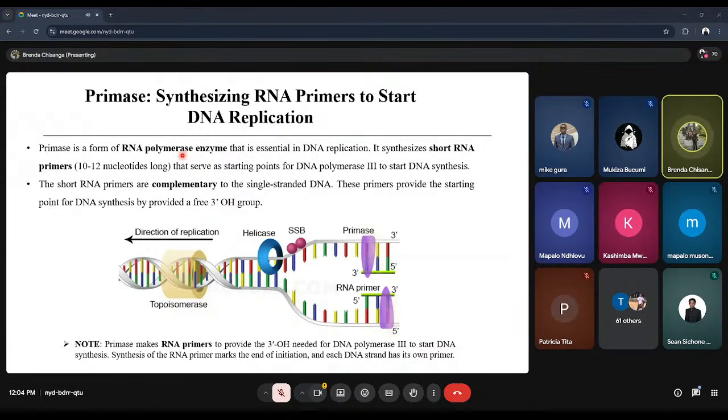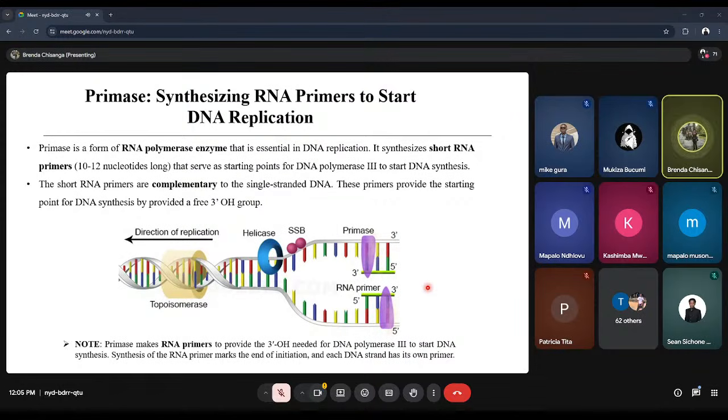But the take-home message here is that for synthesis to start, elongation in this case, you need RNA polymerase to synthesize a short primer. The enzyme that synthesizes this short primer is primase. And the primer itself is RNA in nature. So what you have here is just kind of a snapshot.